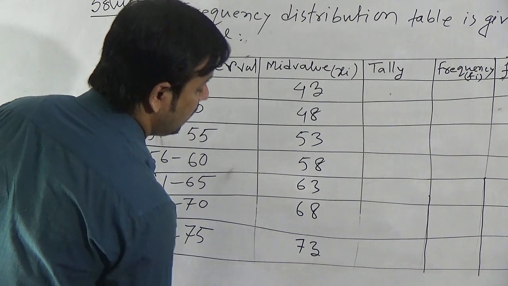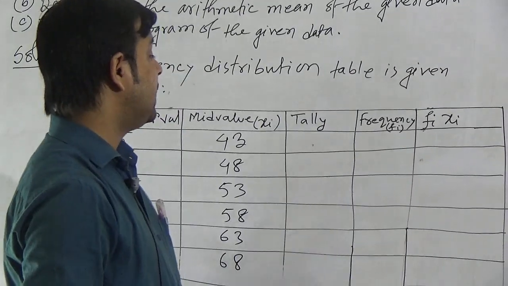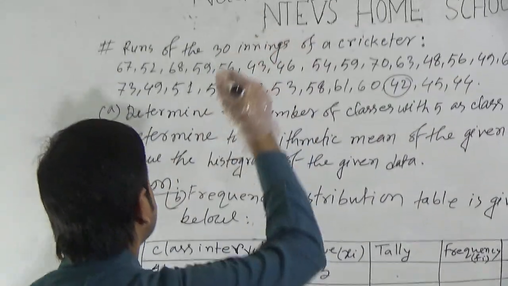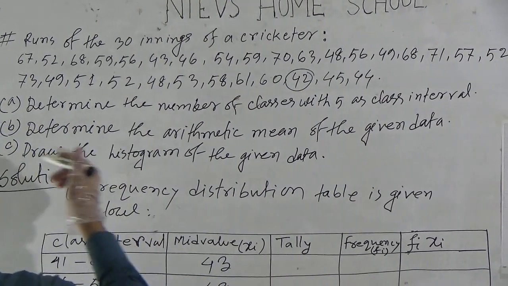Now we have to give the tally marks. To give the tally marks, we must use the data. For each data, we will give one tally.